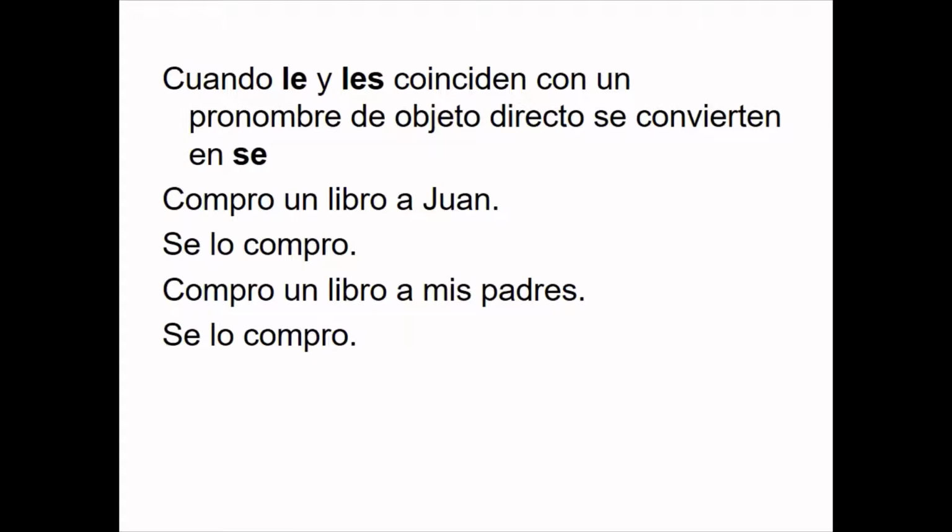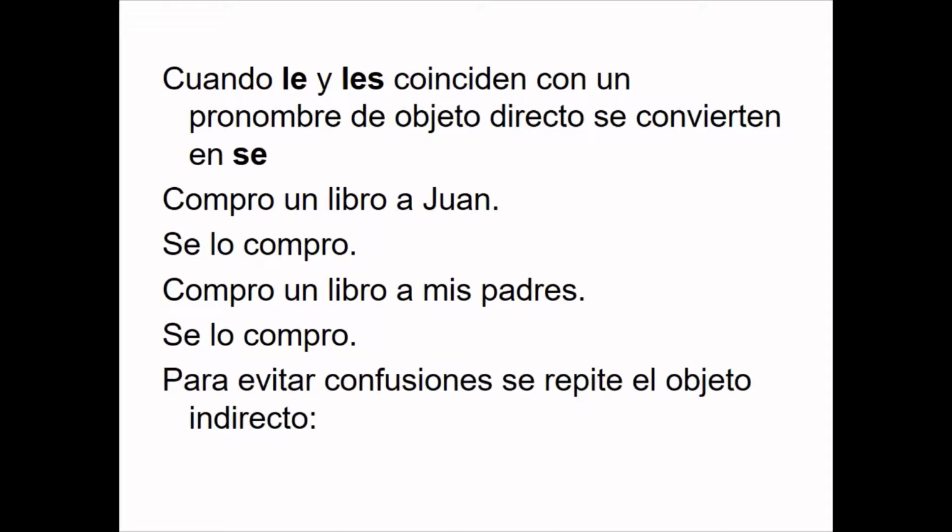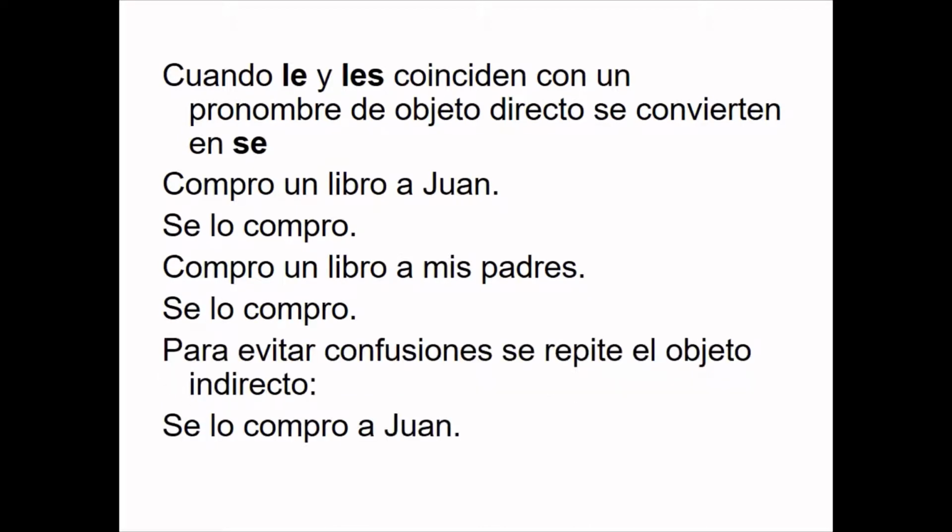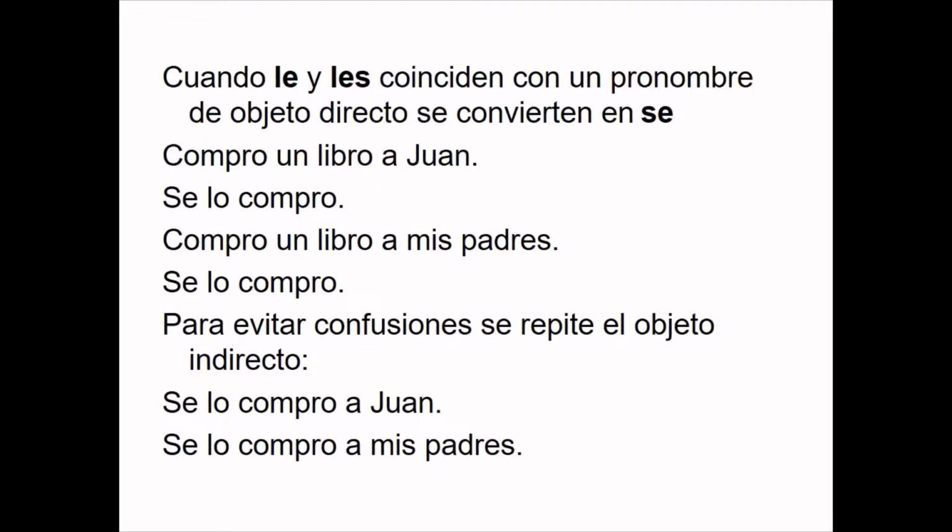Both sentences are equal. That is why it is sometimes necessary to repeat the indirect object. Se lo compro a Juan, se lo compro a mis padres. Now it is clear who the book is for.